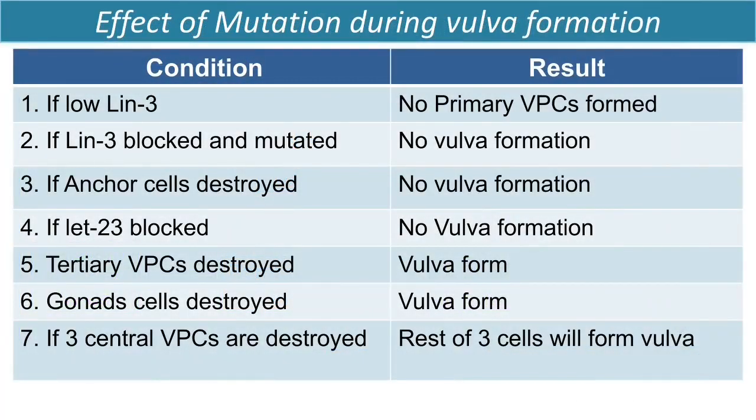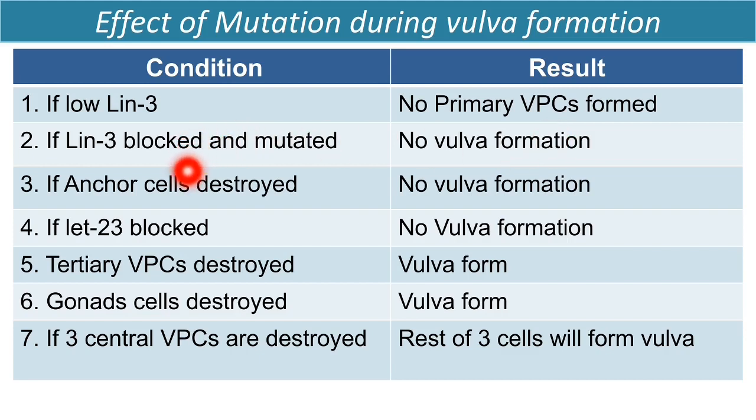Now here we will discuss some of the mutation cases that occur during vulva formation. Let's start with the first case, that is if there is low Lin-3, then how will it affect vulva formation. We know that Lin-3 protein is very important as it acts as an inductive signal on the VPCs to adopt primary fate. So at a low level of it, no primary VPC formation will occur.